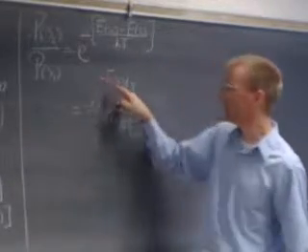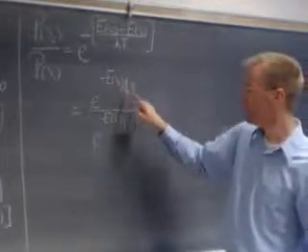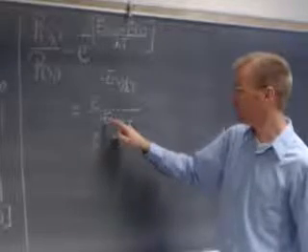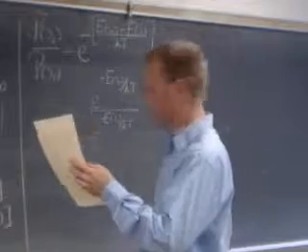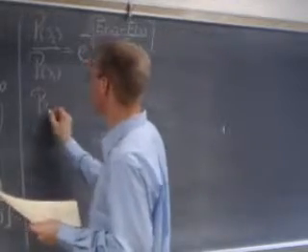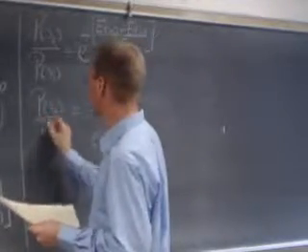So I've got e to the negative energy of S2 over kT divided by e to the negative energy of S1 over kT. Okay, now this is still a ratio of probabilities.